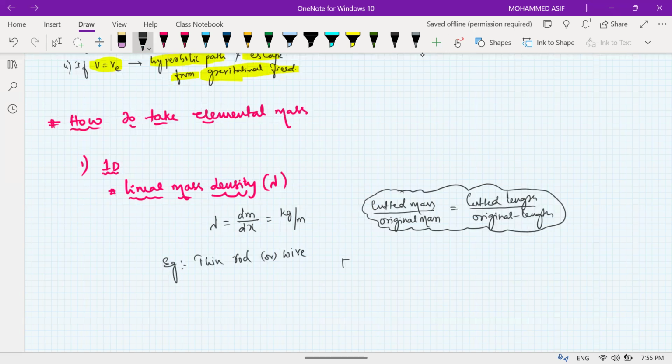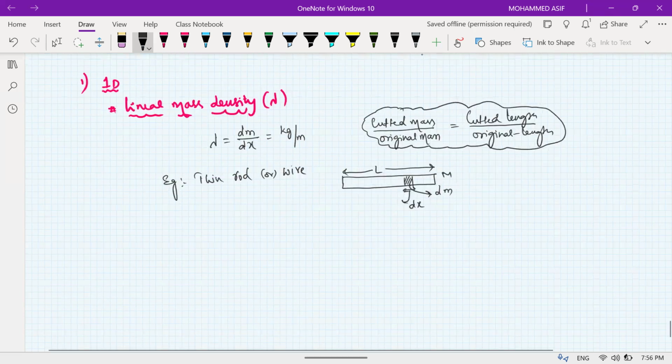Okay, if I'm taking a thin wire of length L, and the total mass of this one is capital M. If I take one small element in this one, mass of this will be dm, and width of this will be dx. Now for this one I need to calculate dm.